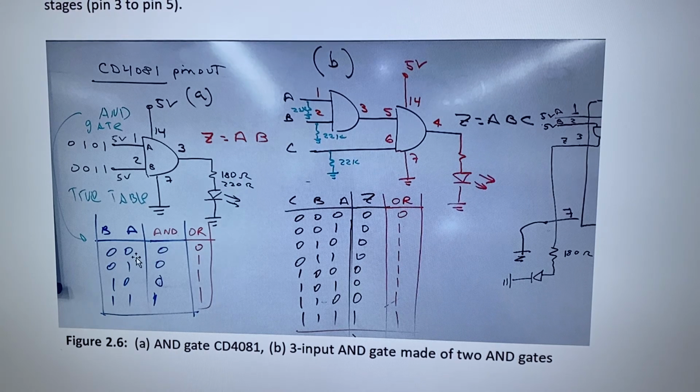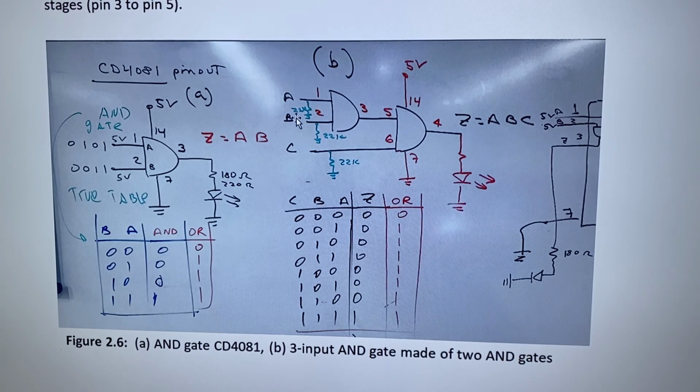When both inputs are 0, 0, 0, 1, 1, 0, the output is 0. When you apply 1 and 1 to inputs A and B, the output is a 1 right here. Okay, and so this is how you test the AND gate. If you want to make a 3-input AND gate, you put it in cascade.